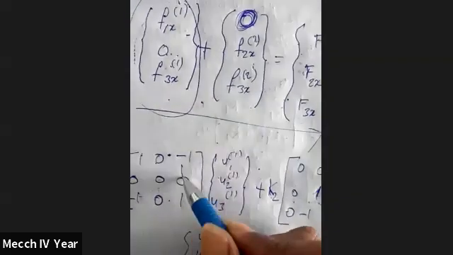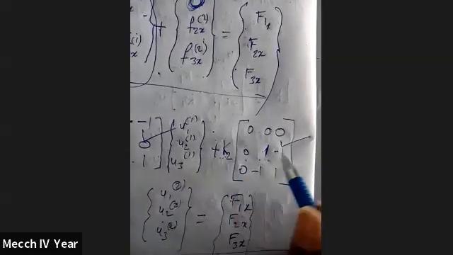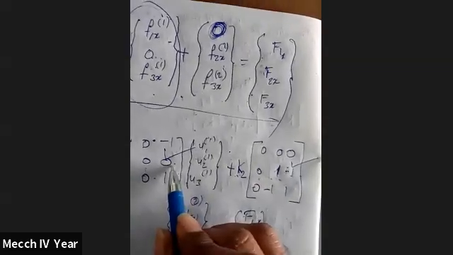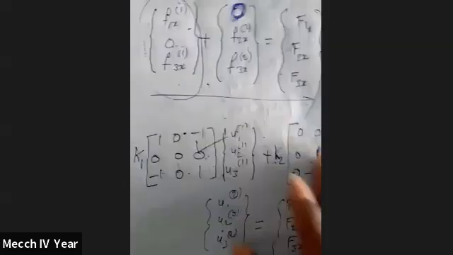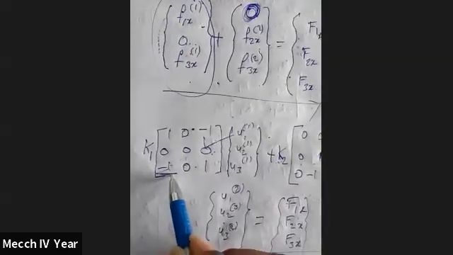Here also 0. See, this one is 0 and this one is minus 1, that means minus K2. So here it will come minus K2, minus K2, like that. Similarly here minus 1 is there, that means minus K1.